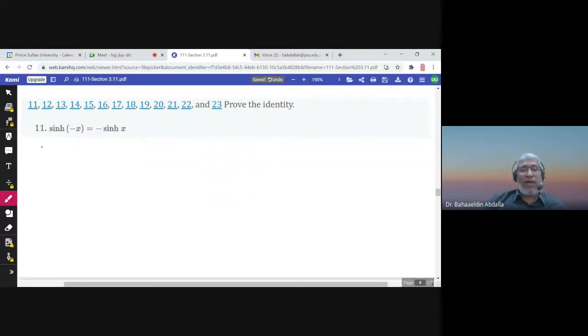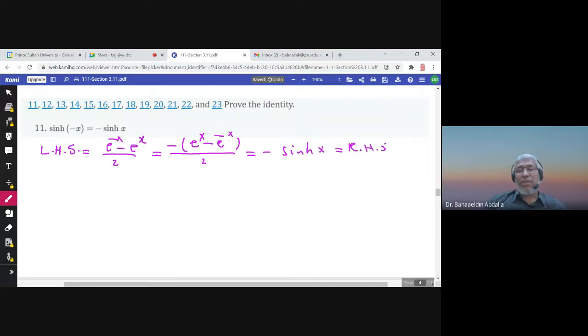To prove, I can start with the left-hand side here, and let me write the definition of sinh negative x. It is e to the power x minus e to the power negative x over 2. But here I have negative x, so I will have negative x here and negative x here, so it will be positive x. Now, if you take the negative sign as a common factor, then you will have e to the power x minus e to the power negative x. And this is just sinh x, and that's the right hand side.